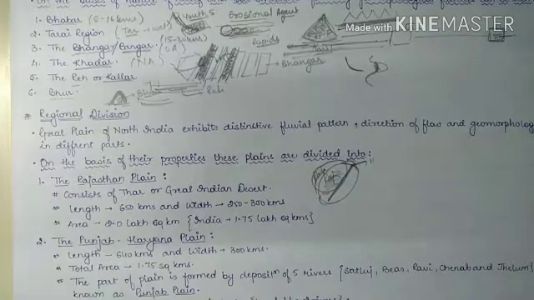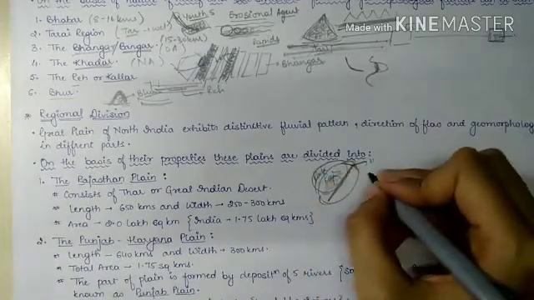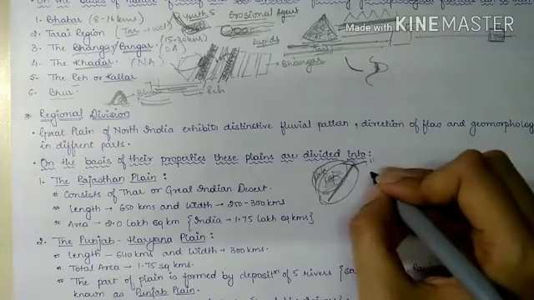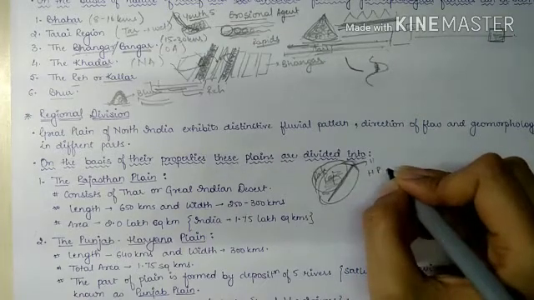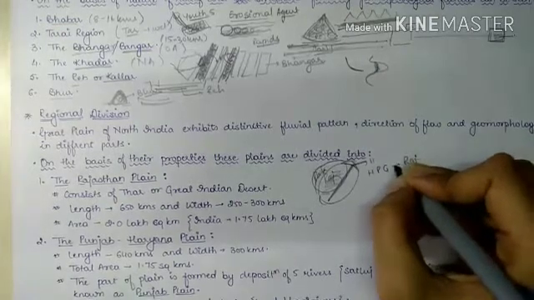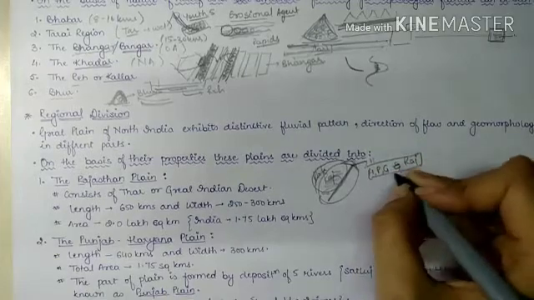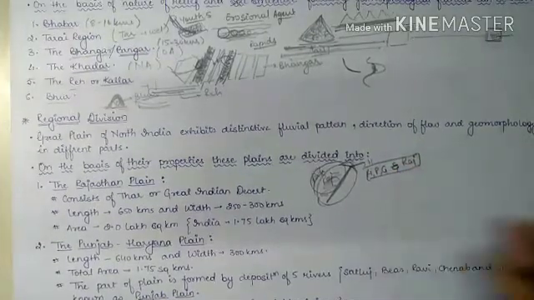So the states influenced by this desert are Haryana, Punjab, Gujarat, and most importantly Rajasthan. These are the four states.